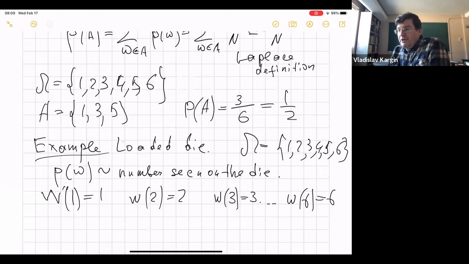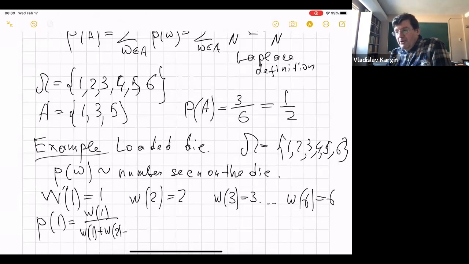Because we want the probability proportional to these numbers, right? But here they are weights and they don't sum to 1. So we use our rule for how to define the probability. The probability of 1 will be the weight of 1 divided by the sum of the weights: weight of 1 plus weight of 2 plus and so on plus weight of 6.